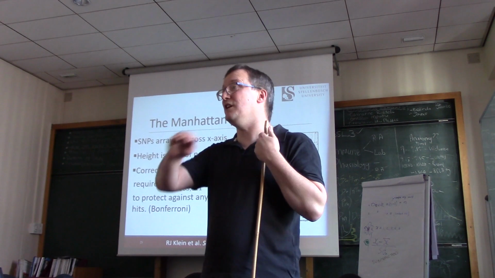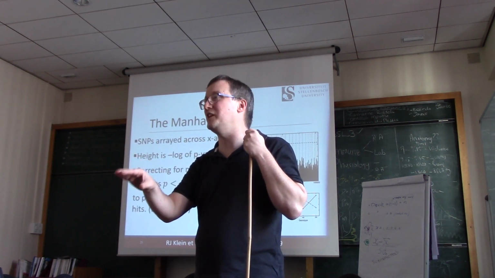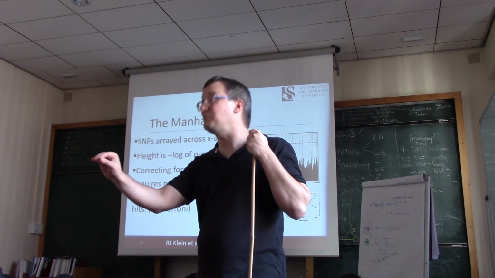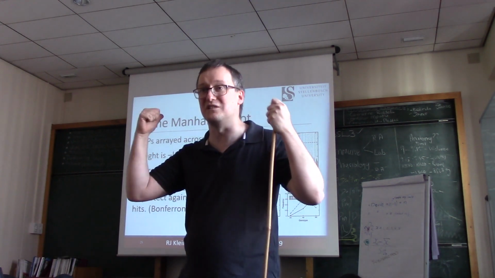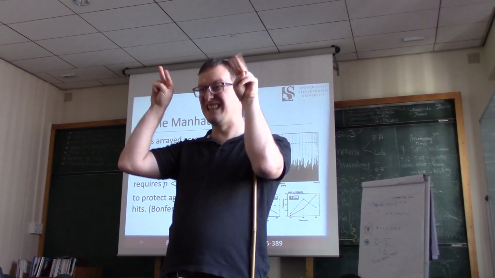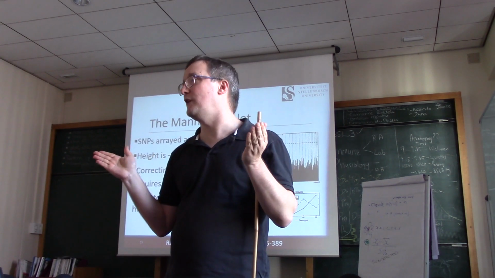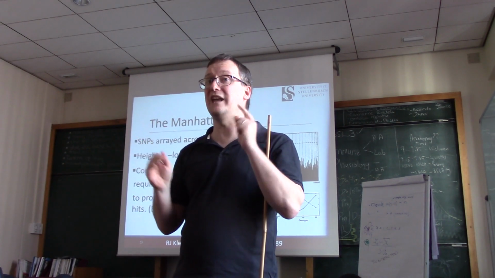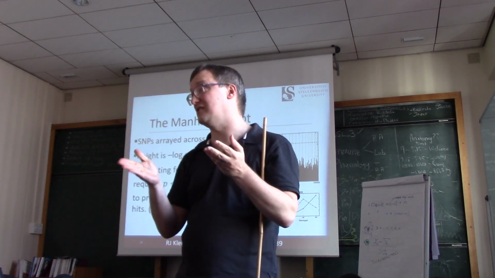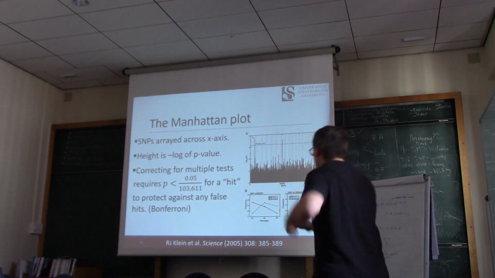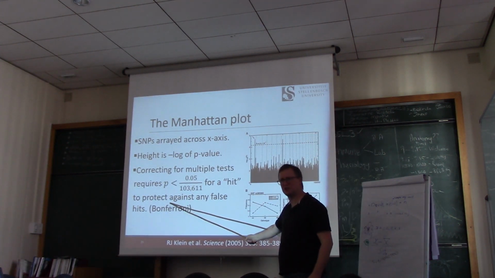So even if there were no differences to be observed, you should see a p-value of less than 0.05 5% of the time, which means that 5,000 of these markers should be significant p-values if you're just using the rule, is it below 0.05 or not? That's why they knew they had to be more strict than that in judging whether something was a hit or not. So they decided that they would use an approach based on an Italian mathematician's work.